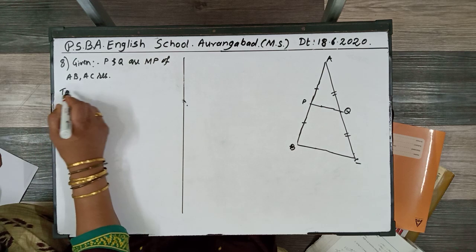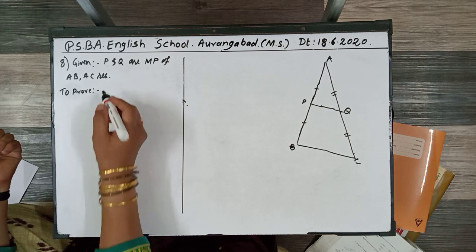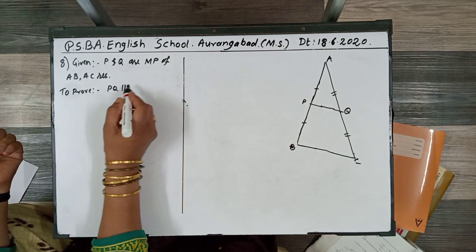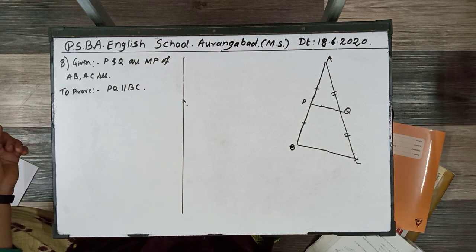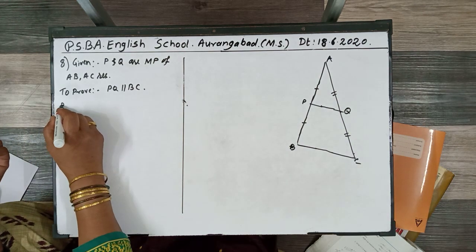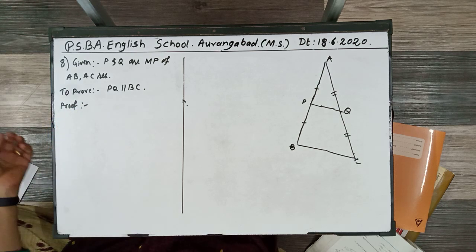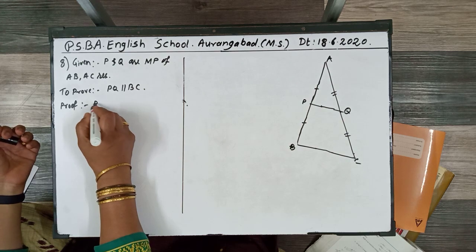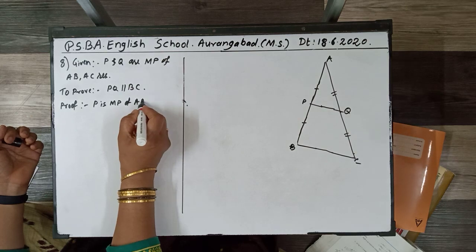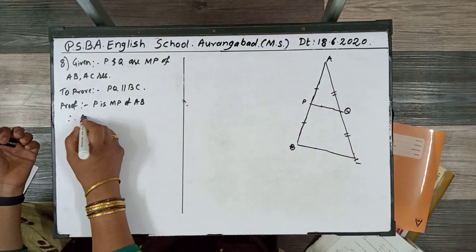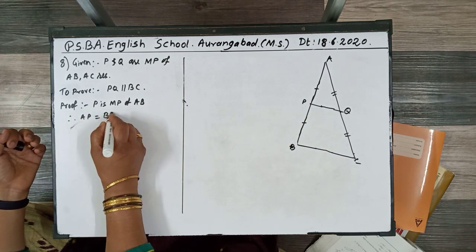To prove: PQ parallel to BC. Now the proof we are going to write. Here P is the midpoint of AB. Therefore AP is equal to BP.